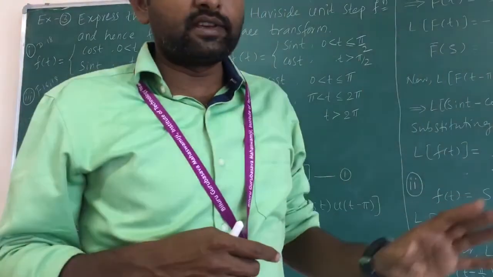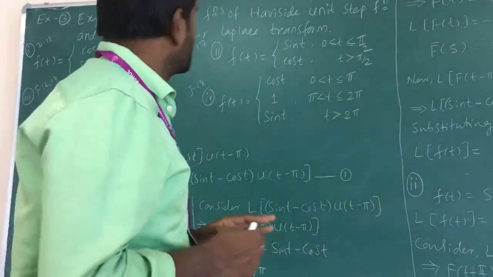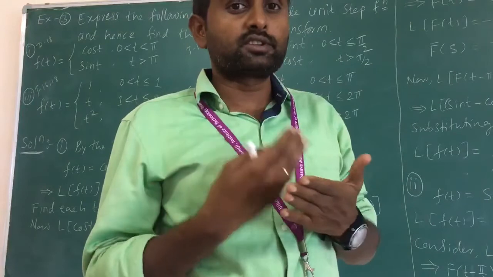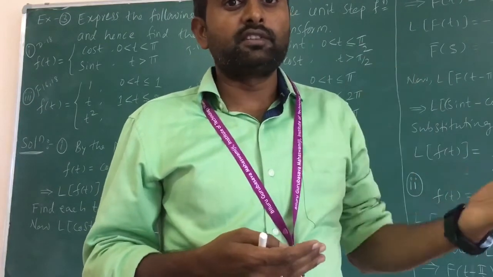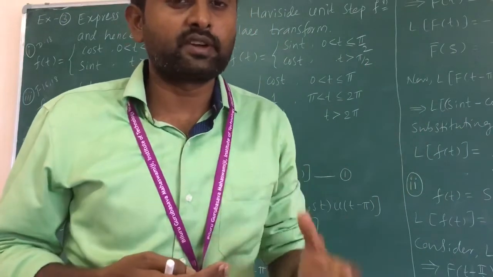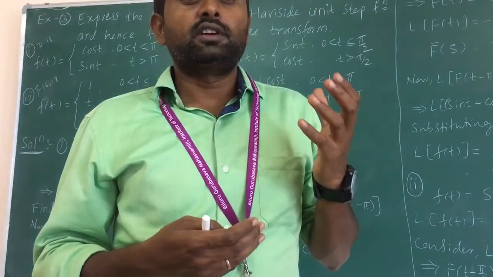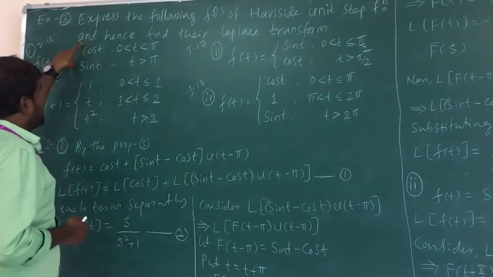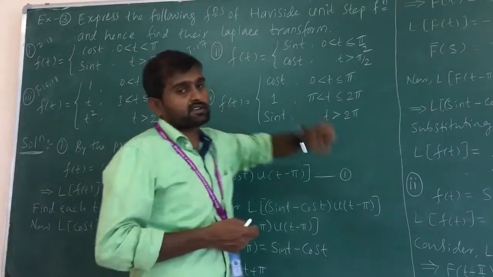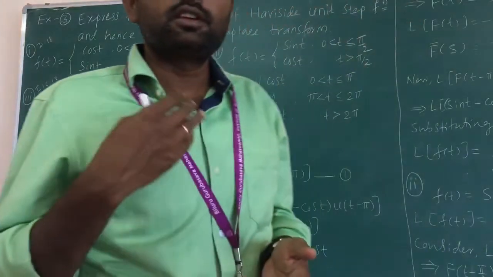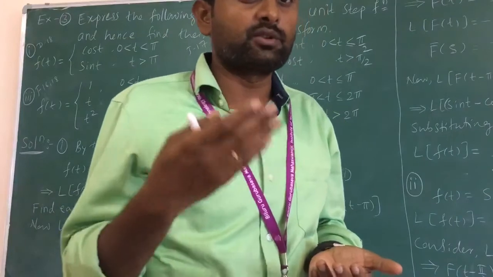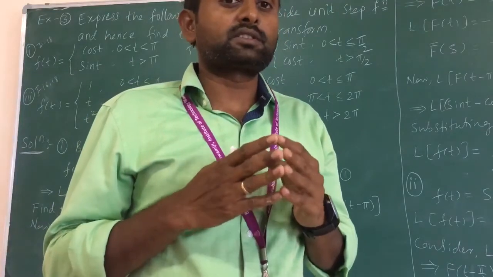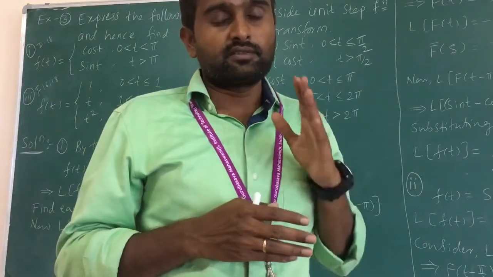The given function is discontinuous, so we need to express it in terms of the Heaviside unit step function, and hence find its Laplace transform. After expressing the discontinuous function in terms of the unit step function, we need to find the Laplace transform of that function. Clear?